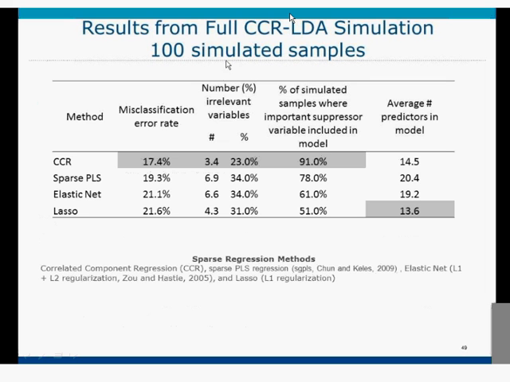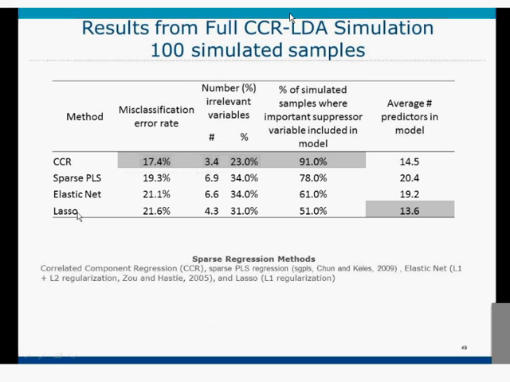Now, in the simulation that I showed you, this is how it came out. The fewer irrelevant variables, the lower the misclassification rate, and the percentage of the time that the suppressor was selected is highest for CCR.